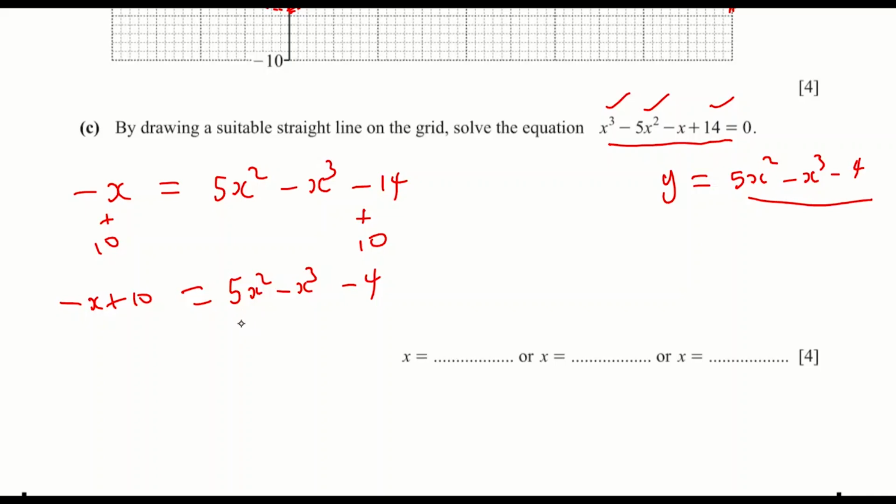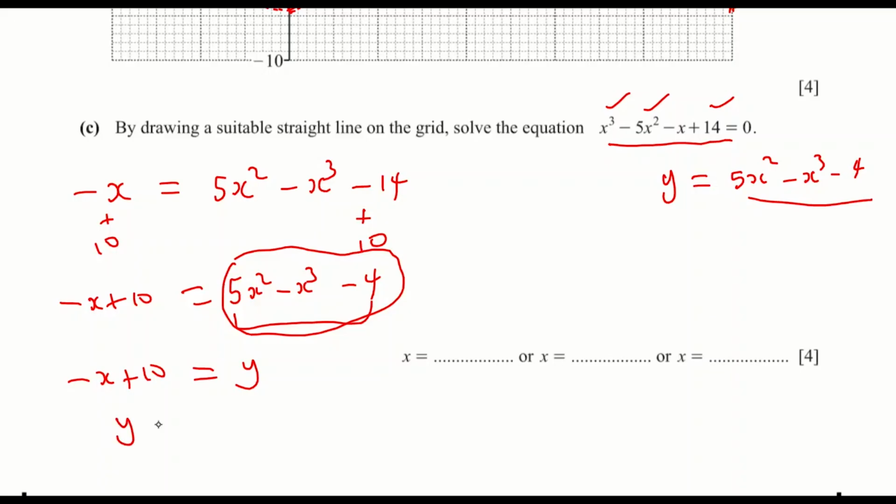So I have successfully written this in the form of this. So if you look, the whole of this is equal to y. So I can say minus x plus 10 equals y, which can be written as y equals minus x plus 10.